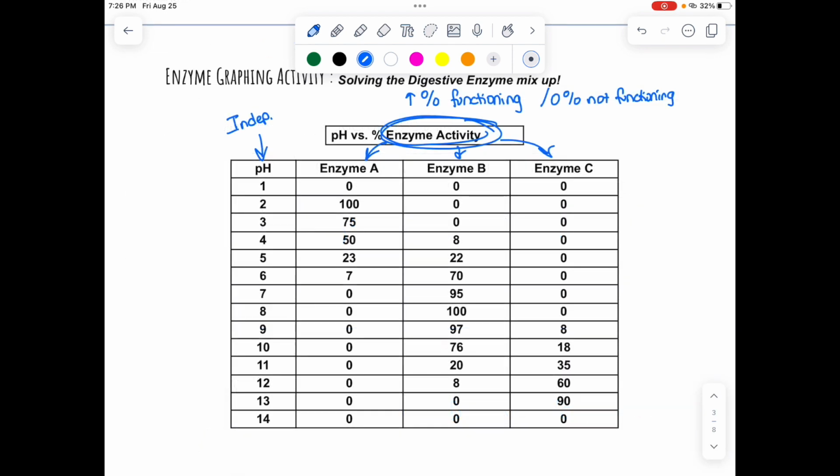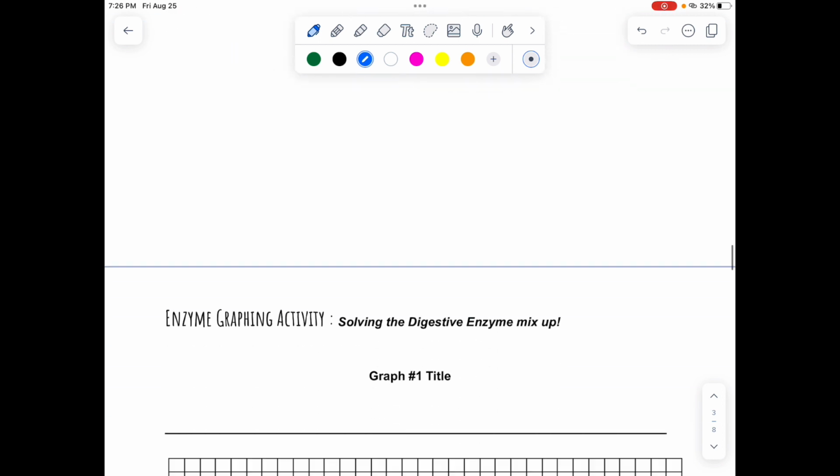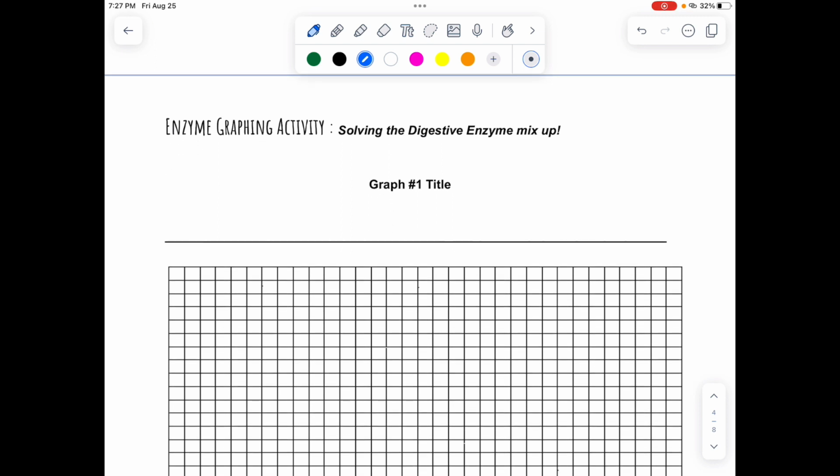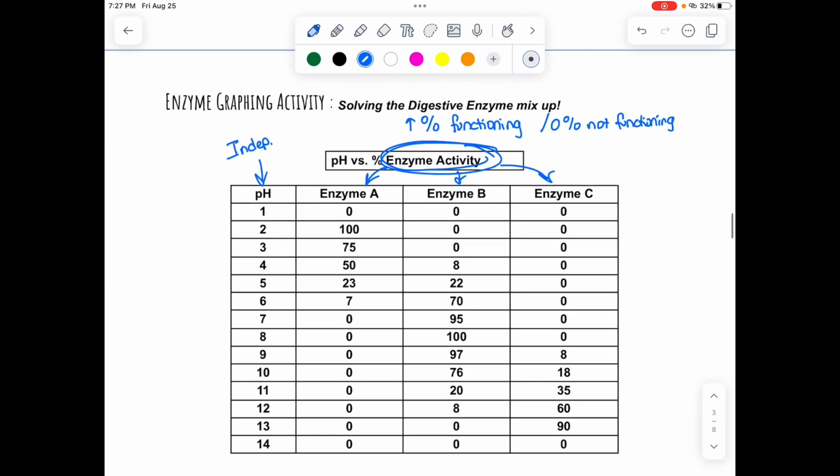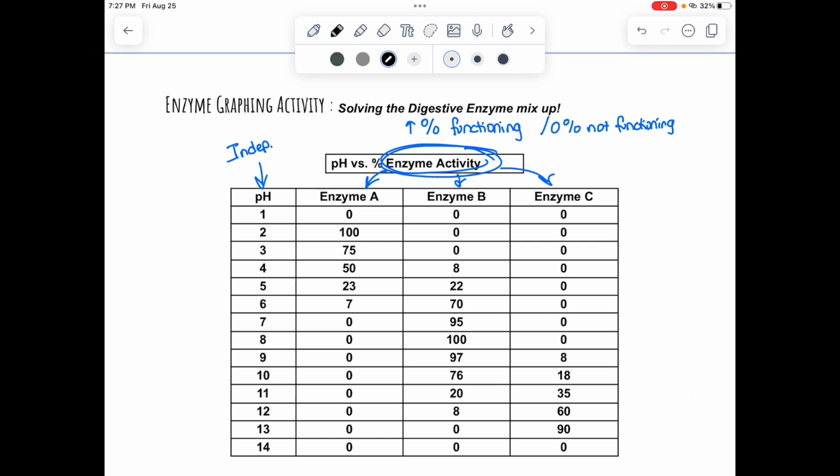So what you're going to be working on is making the graphs. So I'm going to work through a little bit with you. First one we're going to do is pH versus enzyme activity percentage. So we're going to write a title for our graph. We want to make sure that the graph includes both variables. So we want to include pH and enzyme percentage activity in our title.